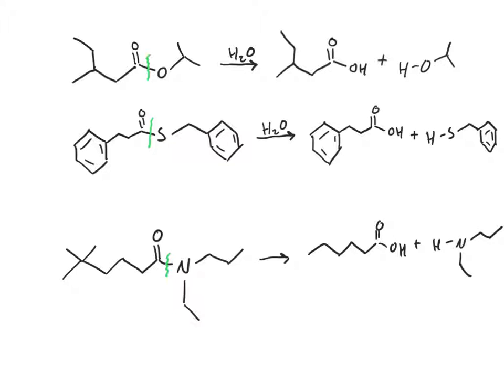Although we do have to recognize here that an acid-base reaction is going to occur between our carboxylic acid and our amine. In this case, the amine, acting as a base, is going to remove our proton from our carboxylic acid. And so our final products are going to be the carboxylate ion and the conjugate acid of the amine.